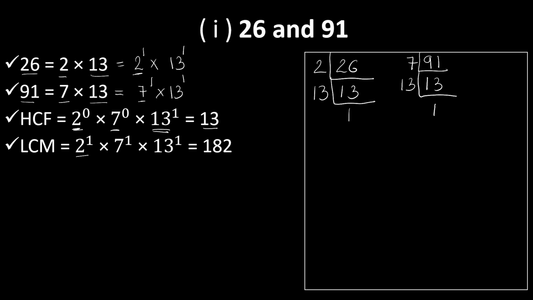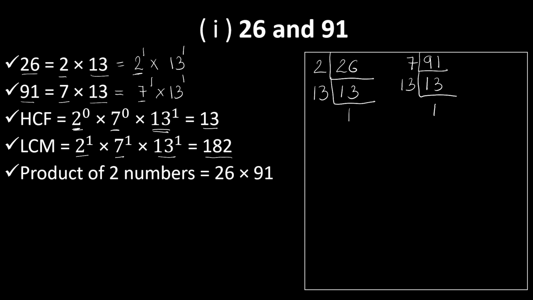So we will write 7 raised to 1 here. For 26 and 91, 13 occurs once in both of them. So we will write 13 raised to 1. And hence our LCM will be equal to 2 raised to 1 into 7 raised to 1 into 13 raised to 1. The product of all these three numbers gives us 182 as the lowest common multiple.